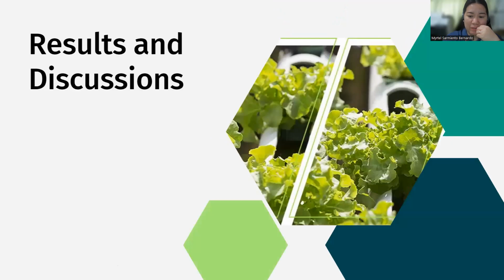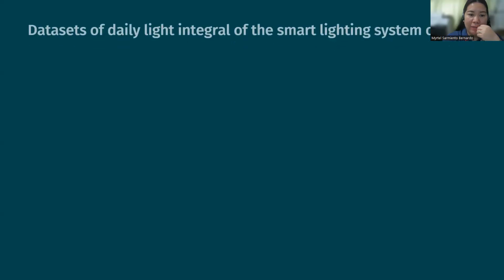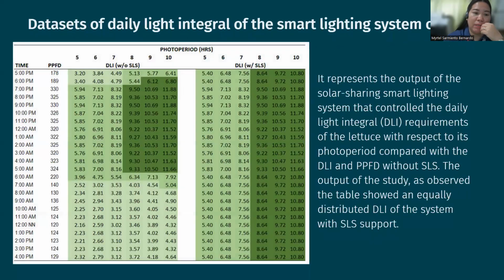The results and discussion. As you can see in the datasets, without the smart lighting systems, the daily light integral is uneven, or the distribution of light is not proportional to the needed light of the plants.